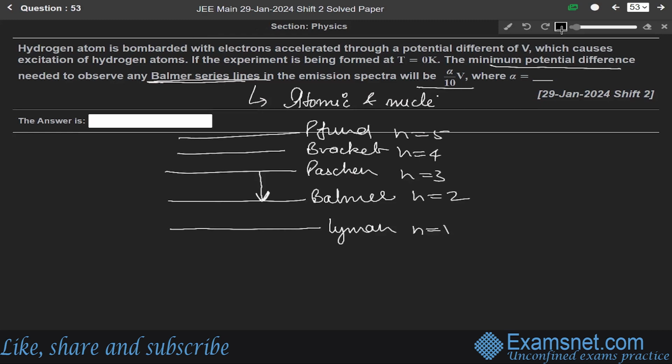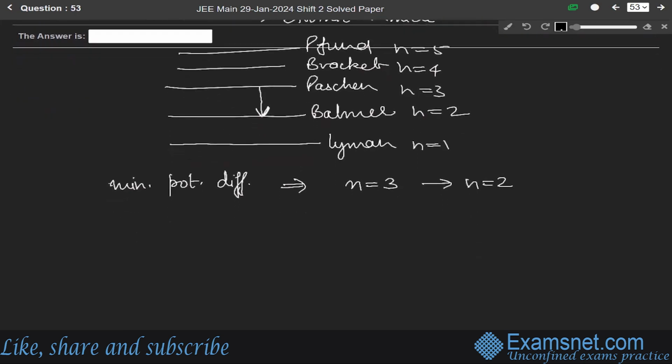For this transition, the electron must reach from the ground state directly to n equals 3. So basically, at first, the energy of the bombarding electron should be equal to the energy difference of n equals 3 to n equals 1 state.